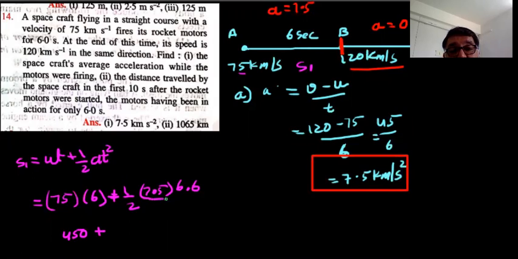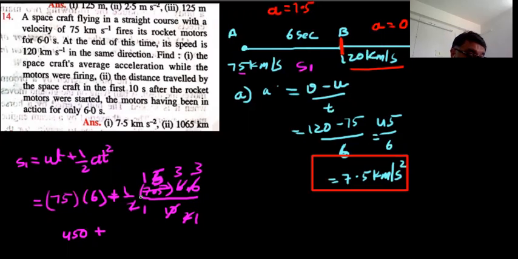Now this is 2, this is 7.5. To remove this decimal, we have to divide it by 10. I made a mistake over here, this will be 15.